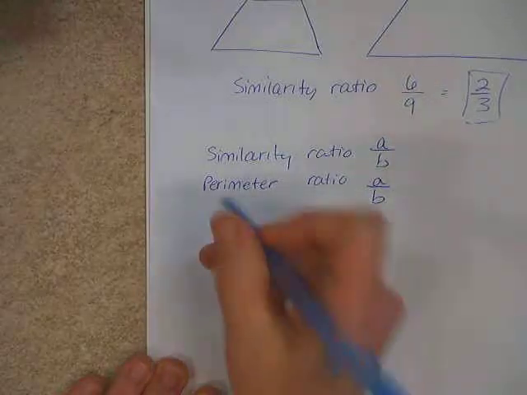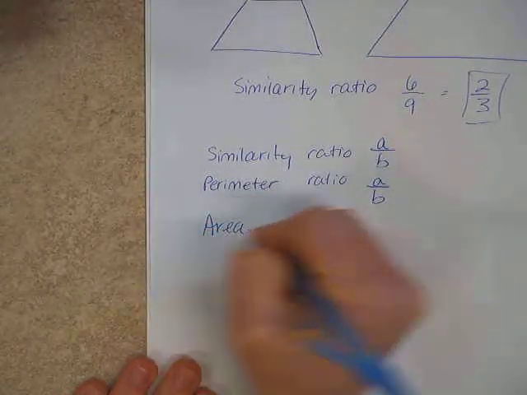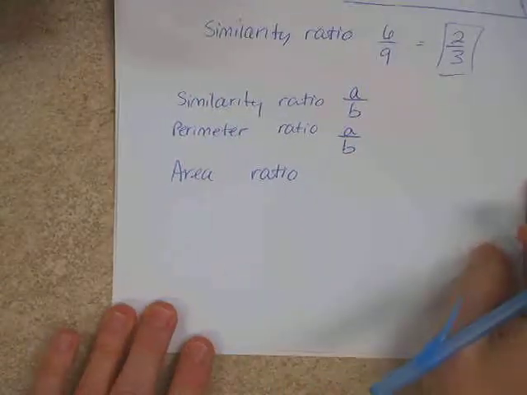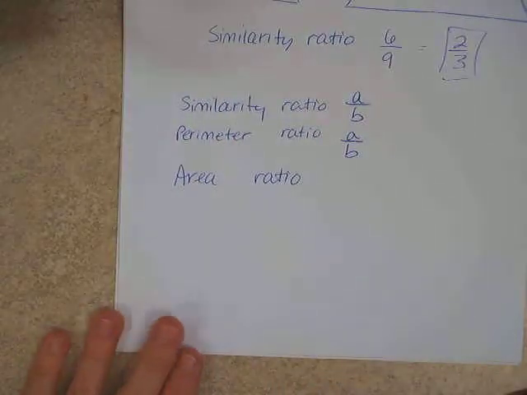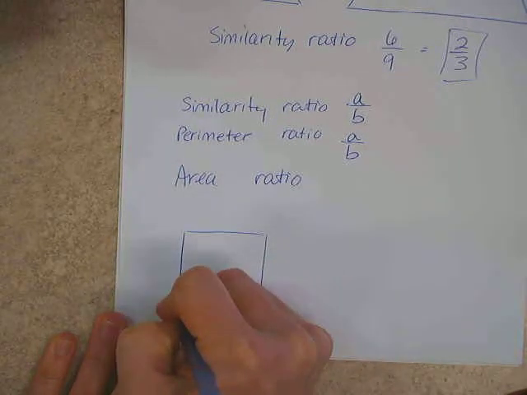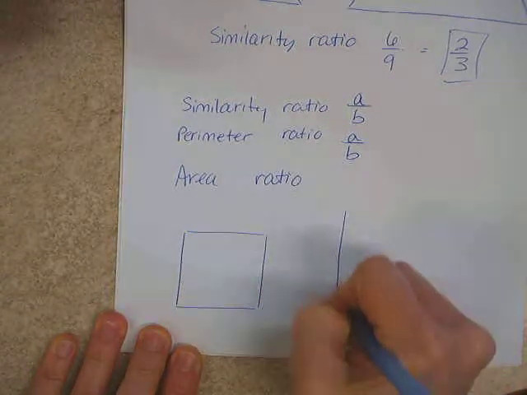Now, one thing we want to be careful of, and leave some space, because we're also going to talk about the area ratio. But easier, I think, for you guys to understand if we use a shape where you can see what the area is.